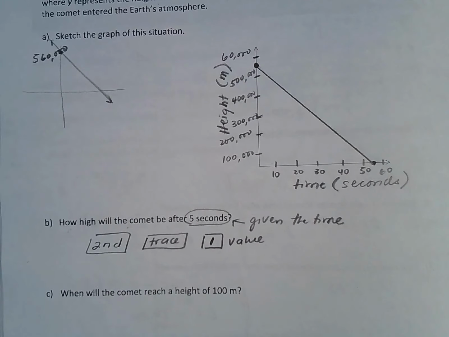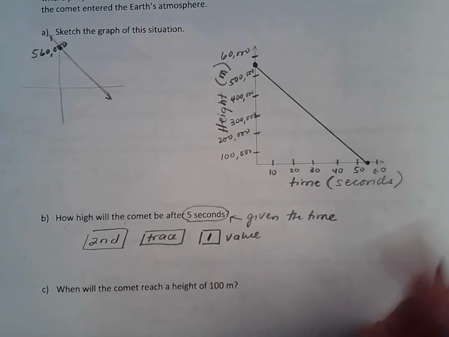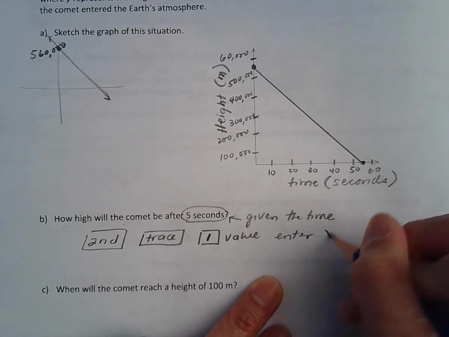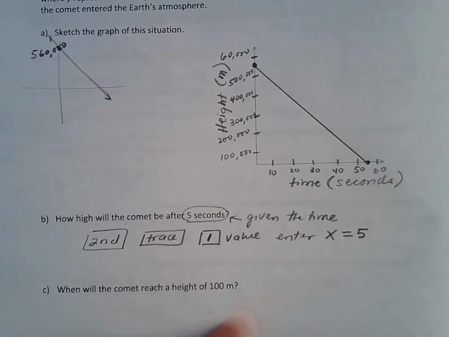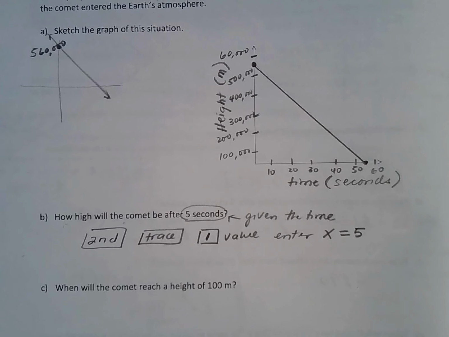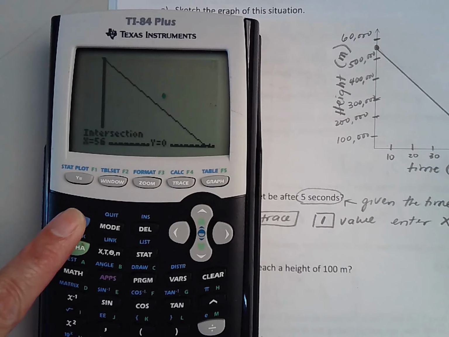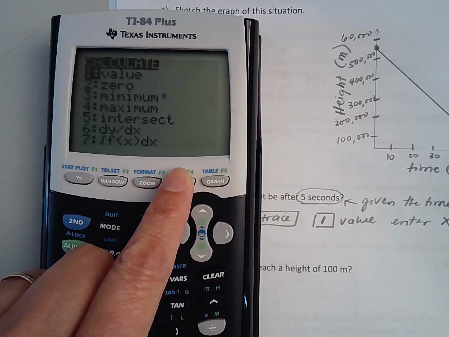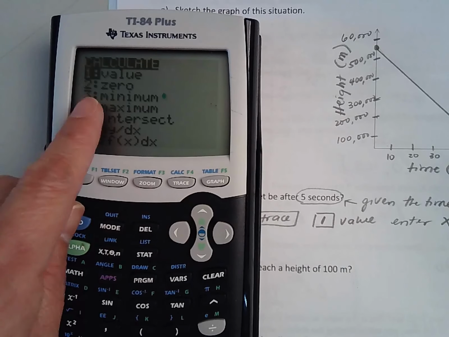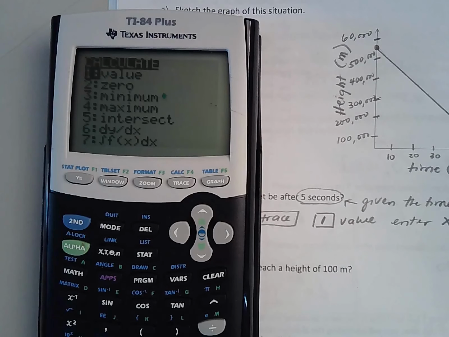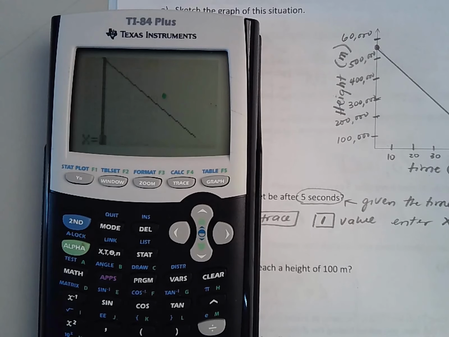We're going to enter x equals 5. So we're given the x value, which is 5. If we press 1, we can only enter an x value. You can see it's blinking. It's waiting for us to enter an x value. So press 5 and press enter.